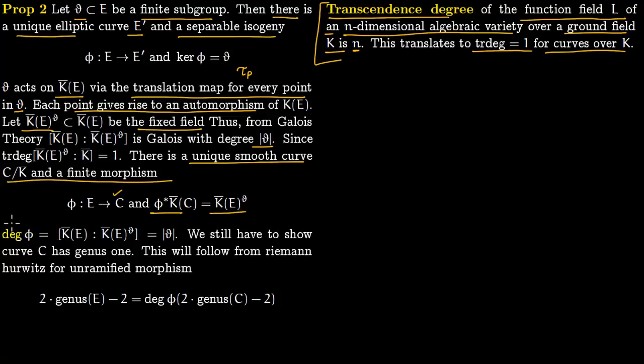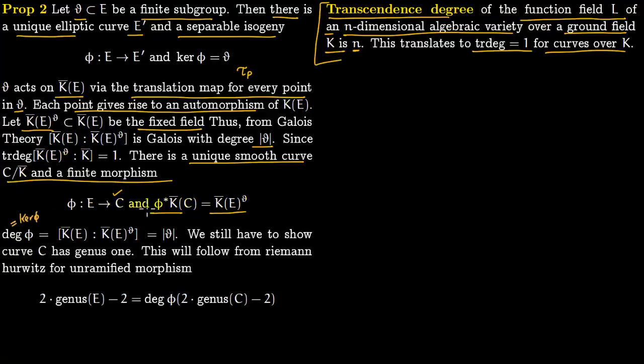The degree of φ we have proved before is equal to the size of the kernel, and this is equal to the size of Θ. So there's nothing much to be done. We just followed the translation map and this fact. The translation map gave us this Galois extension with degree |Θ|, and then we knew the transcendence degree was 1 over any ground field K̄ because the transcendence degree is 1 for a curve.